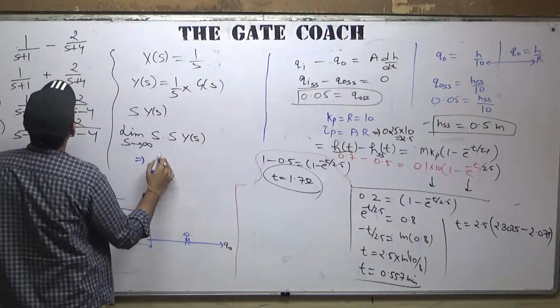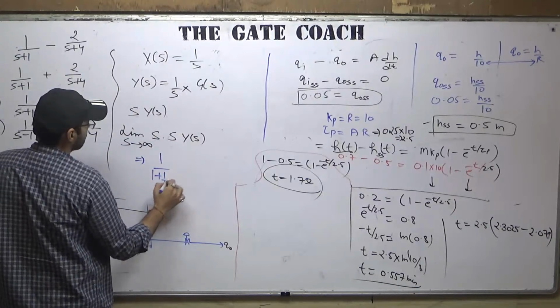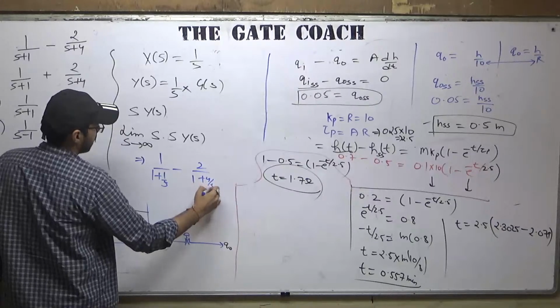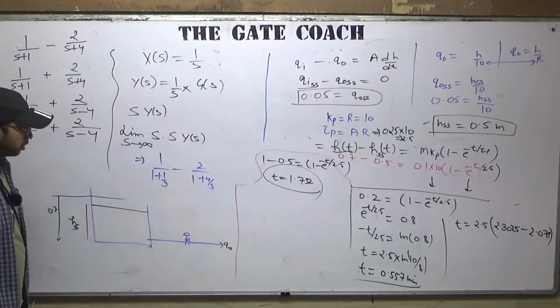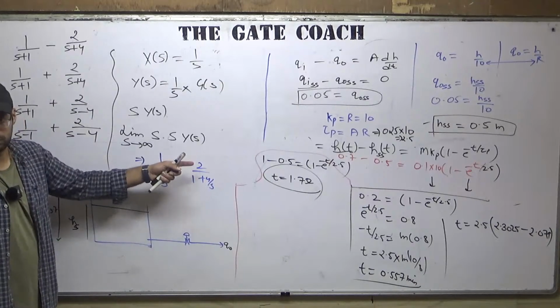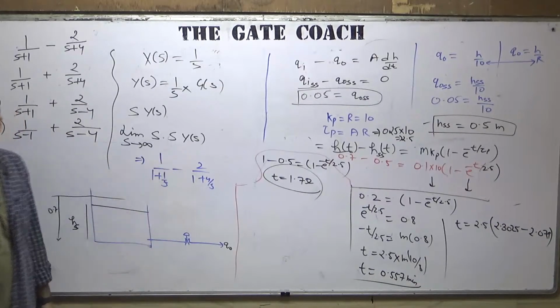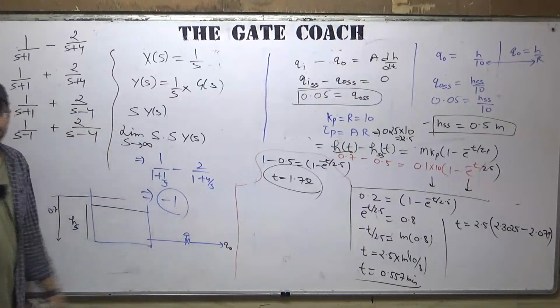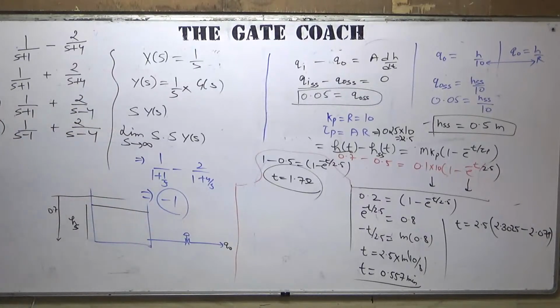So I will get 1 upon 1 plus 1 by s minus 2 upon 1 plus 4 by s. Apply the limits, and you get 1 minus 2, which is minus 1. That is your initial slope, and that is your answer.